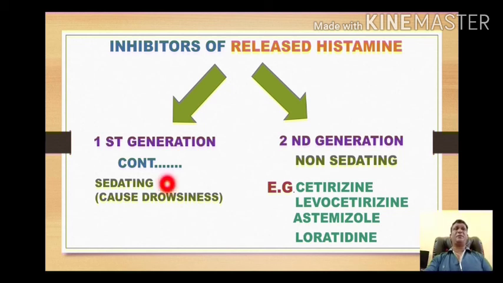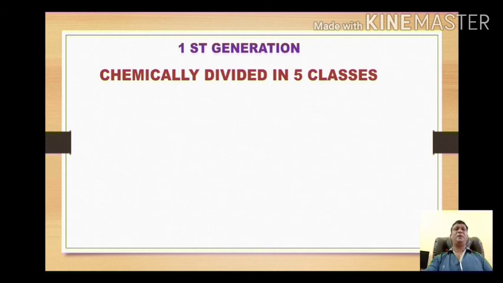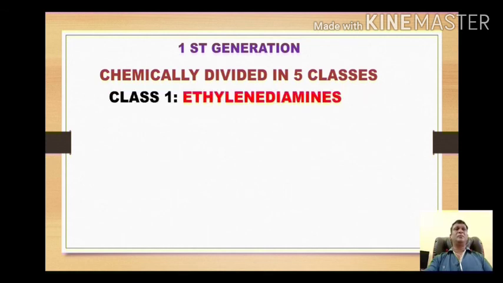The first generation compounds are broadly classified into 5 classes and which is based on the chemical classification. The first generation compounds are classified in 5 classes according to the chemical nature.